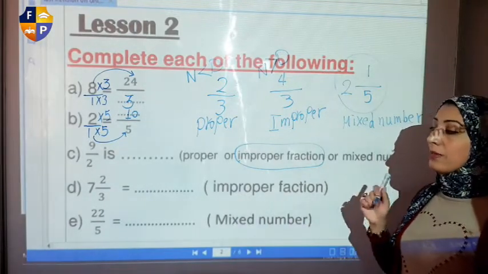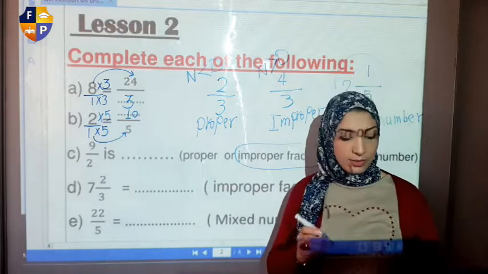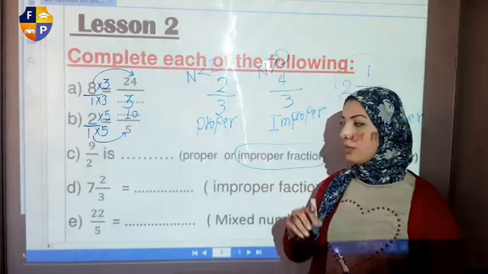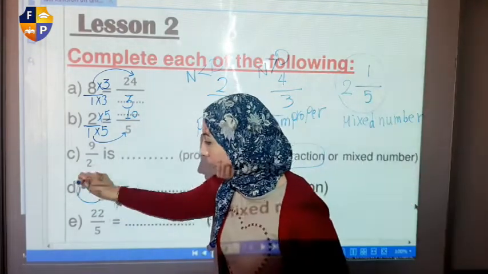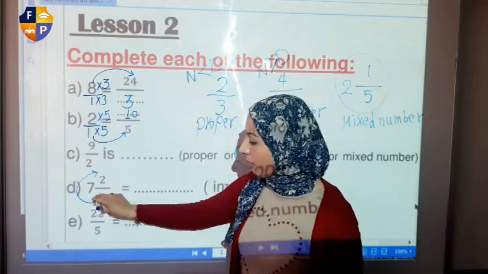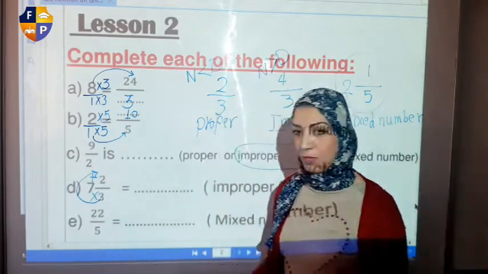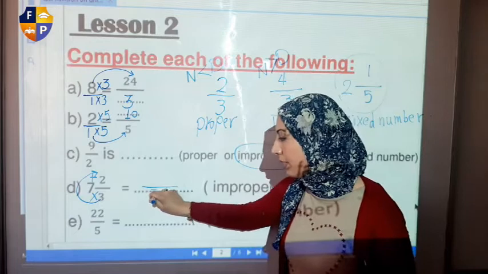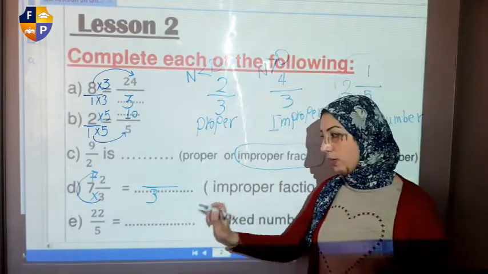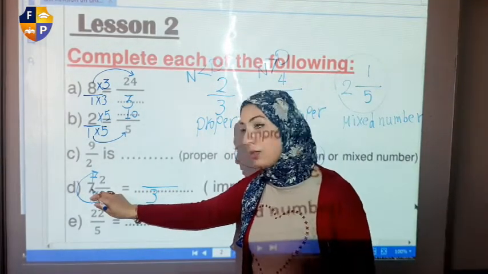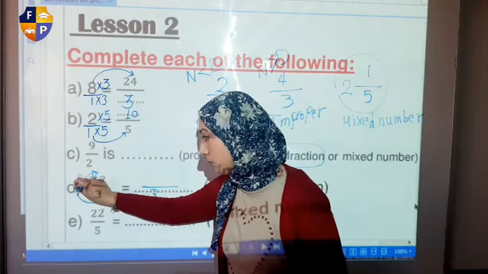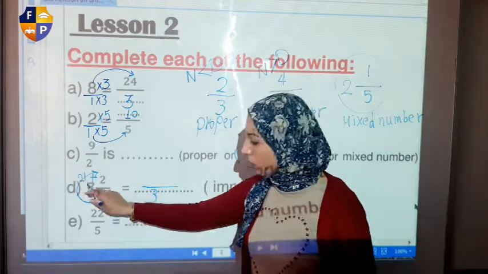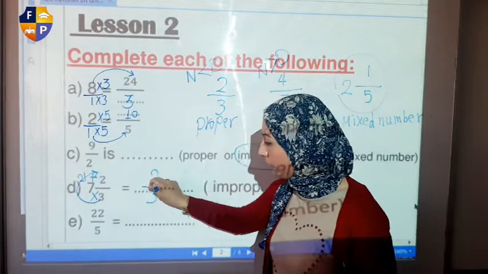So how can we change a mixed number into an improper fraction? Here we will make a half circle by plus. First we will write the denominator as it is, and we will multiply 3 by 7 equals 21. We write 21 here. 21 plus 2 equals 23.